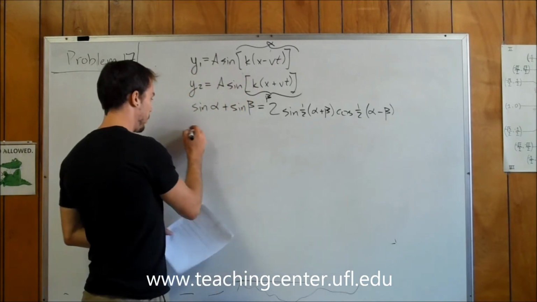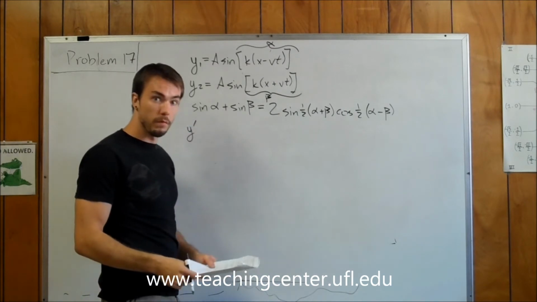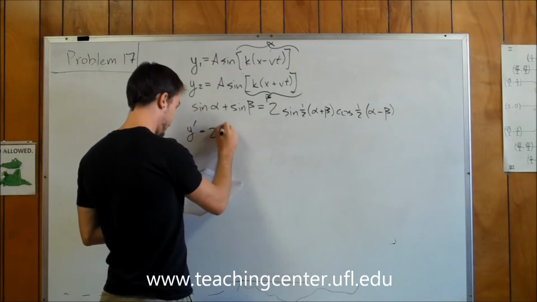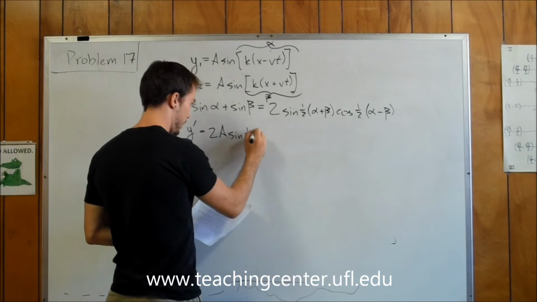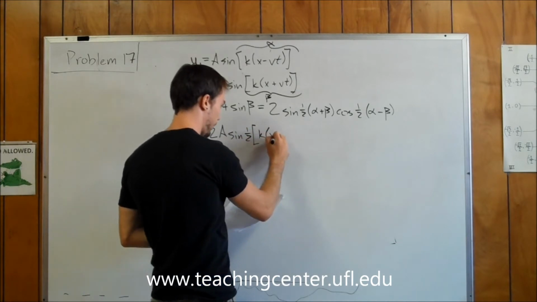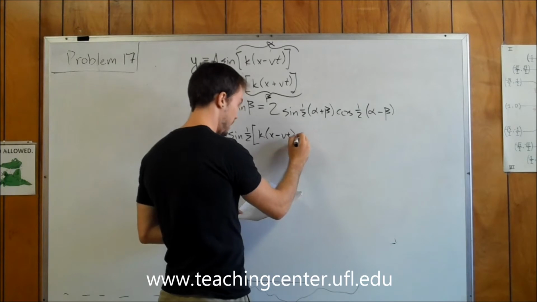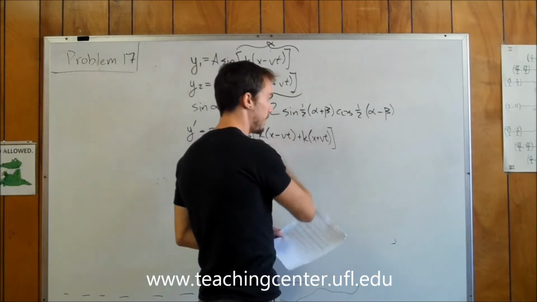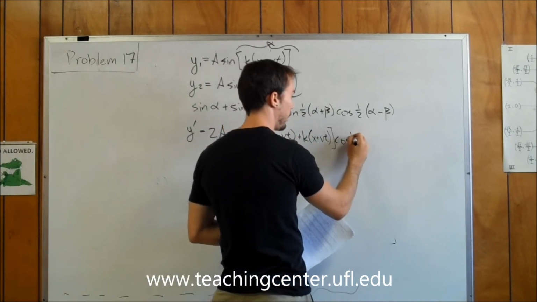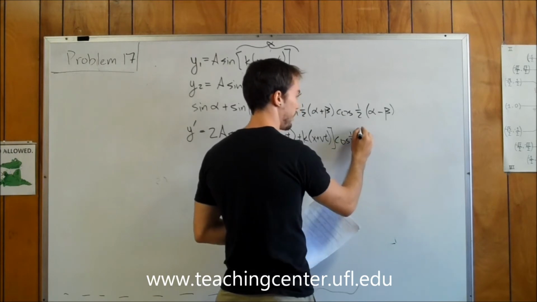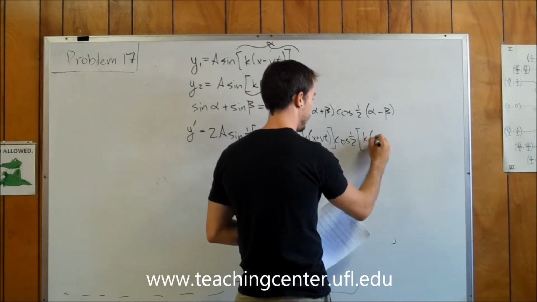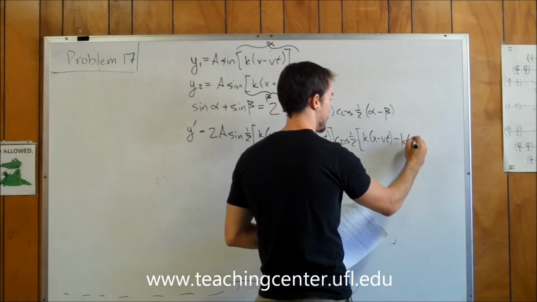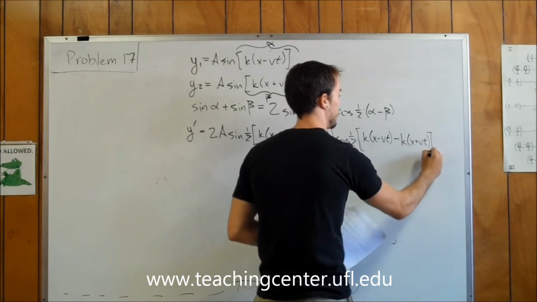So plugging all this in, we end up with y prime, which represents the formula for our standing wave, equal to 2A sine of 1/2 [k times (x minus vt) plus k times (x plus vt)] times cosine of 1/2 [k times (x minus vt) minus k times (x plus vt)].